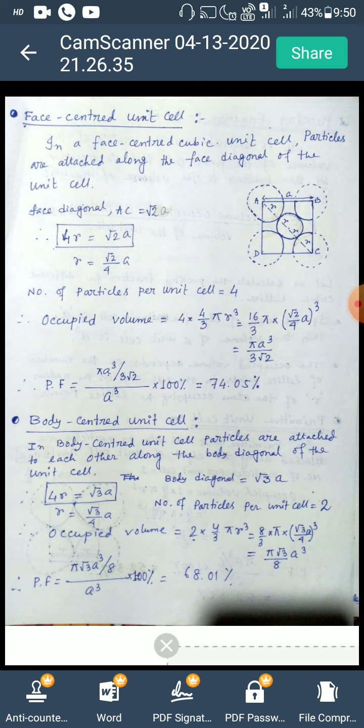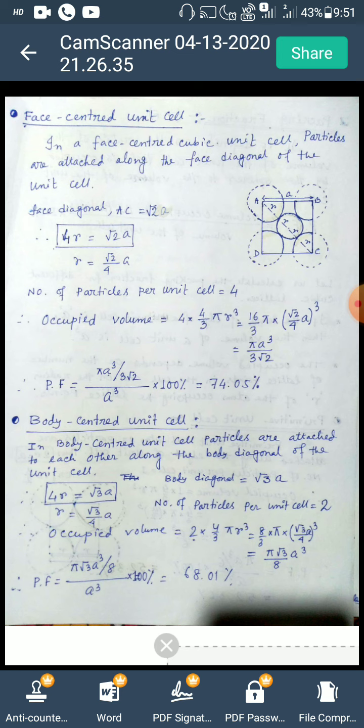So the relation between neighboring particles in a face-centered unit cell is r plus r plus r plus r, that is, a total of 4r, which is equal to the face diagonal of this square. As the edge of one face is a, the face diagonal AC will be root 2 into a, where a is the edge length of each face.